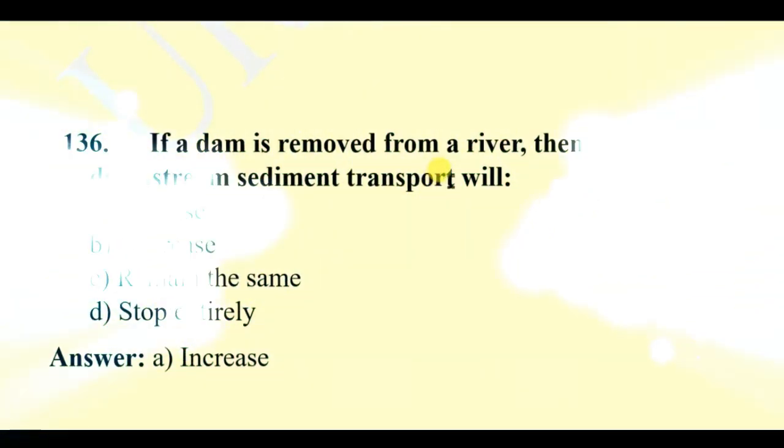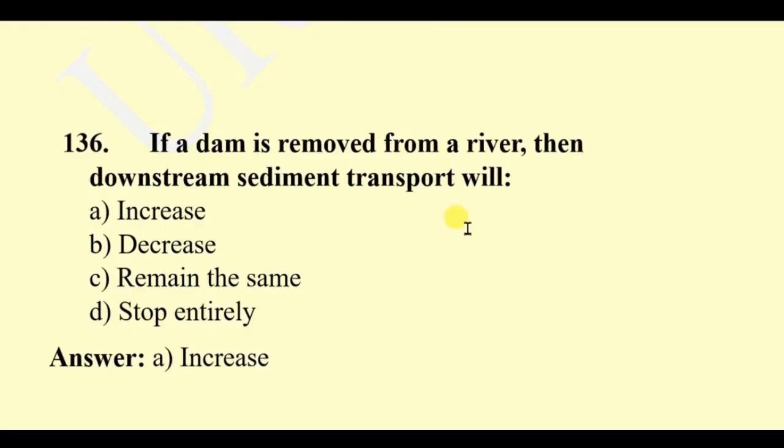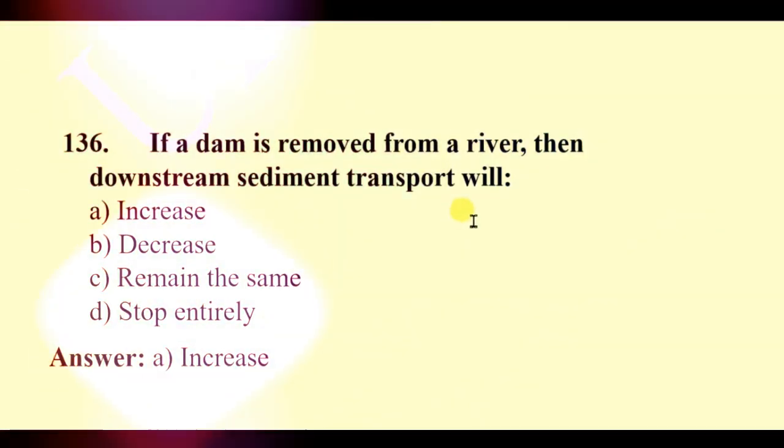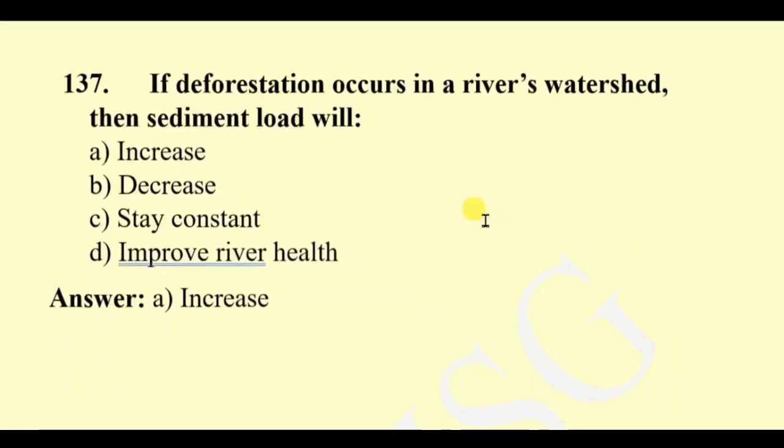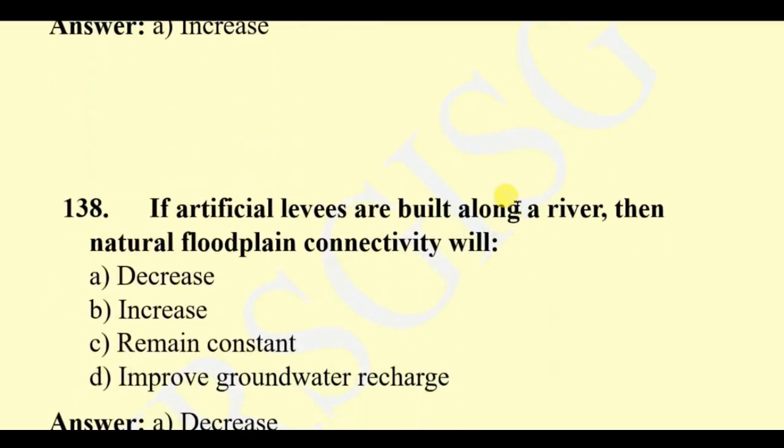Question 136. If a dam is removed from a river, then downstream sediment transport will increase. Question 137. If deforestation occurs in a river's watershed, then sediment load will increase. More the deforestation, more will be soil erosion due to rainfall activities and runoff.